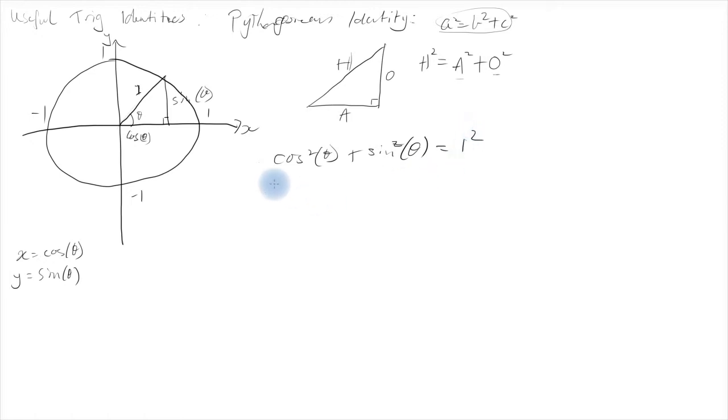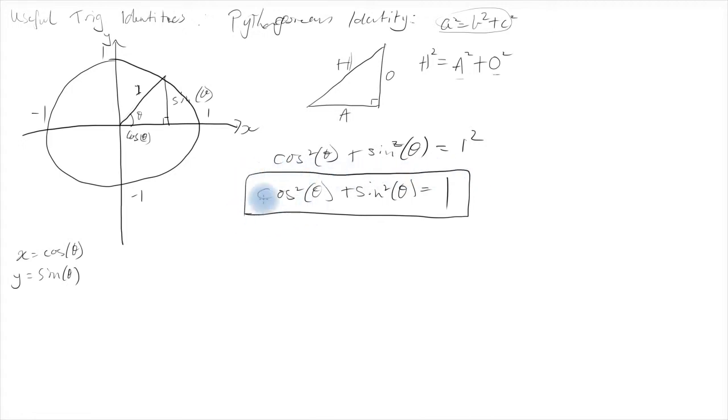Since 1 squared is obviously 1, we have cosine squared plus sine squared equals 1. And that is the Pythagorean identity. It is extremely important, so remember that: cos squared plus sine squared equals 1.